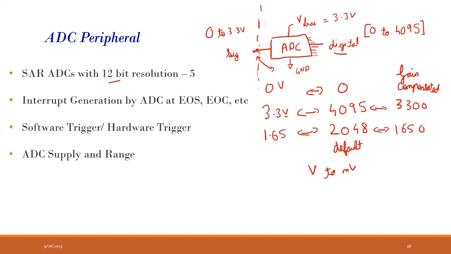There will be around 12 bits. I've just simplified it by showing only one. So 12 bits are there, and they are stored in some sort of register. Either it could store 4095 or it could store 3300, or some other value based on the logic. But I have configured it such that for 3.3 volt, it will store 3300.